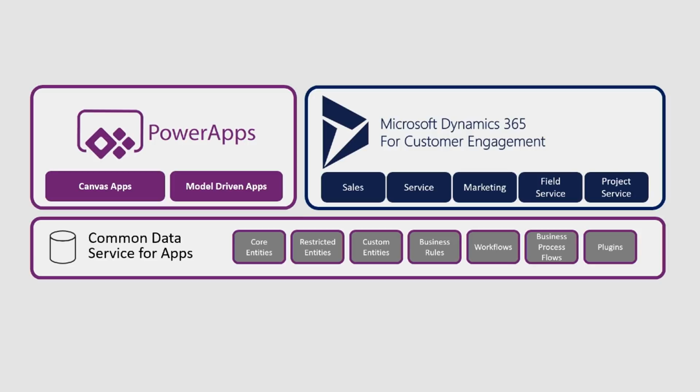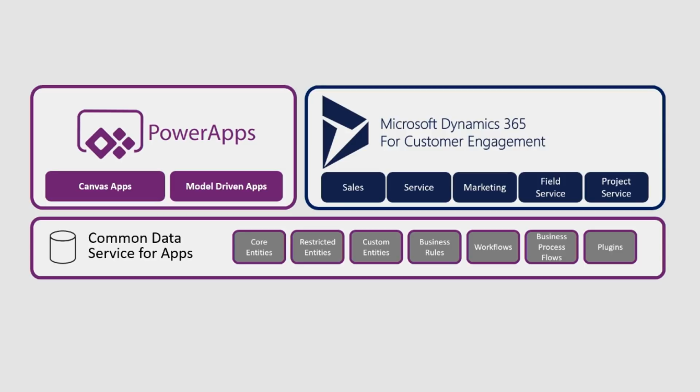But if you do use Dynamics, these are now siblings in the same family, brother and sister basically, where if I update a record inside a PowerApp, it stores the data in real time inside the same database that Dynamics uses. So these have come together to form the business applications platform. It's a great thing.